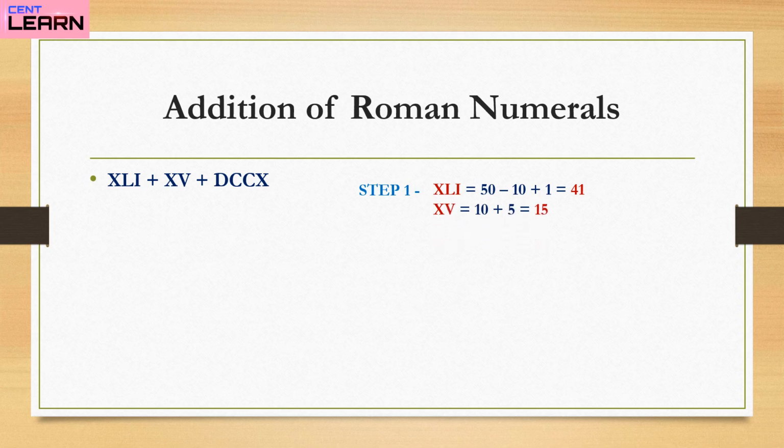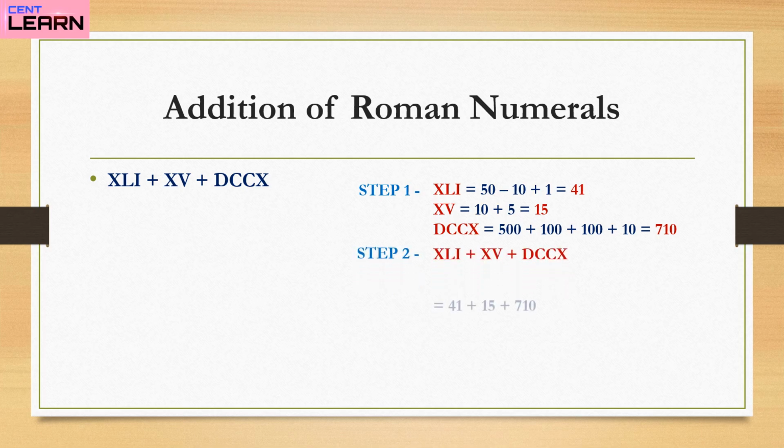XV is equal to 10 plus 5 is equal to 15. DCCX. D is equal to 500, C is equal to 100 and X is equal to 10. So the value will be 710. Now we have to add these numbers. XLI plus XV plus DCCX is equal to 41 plus 15 plus 710, which is equal to 766.